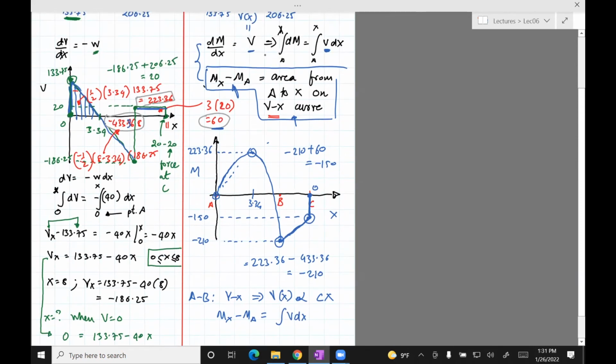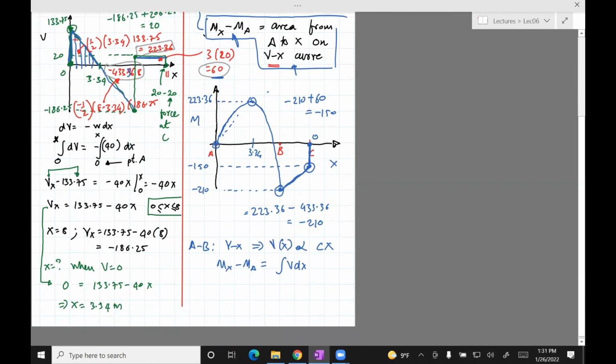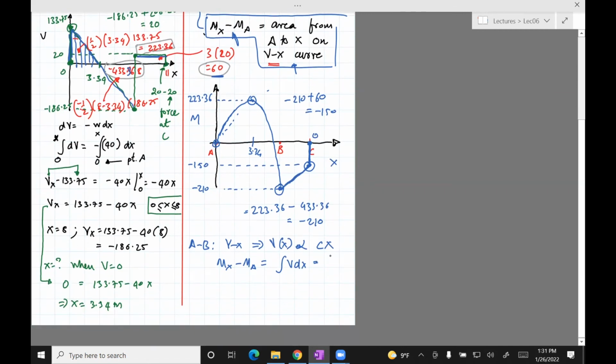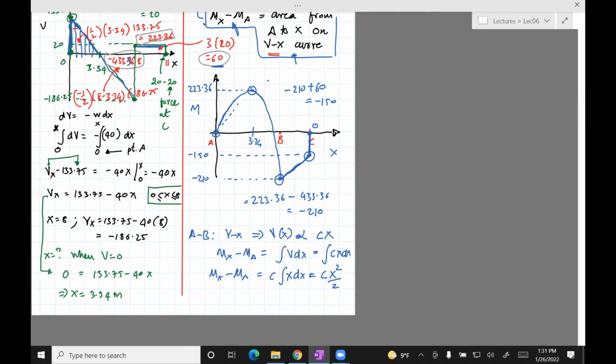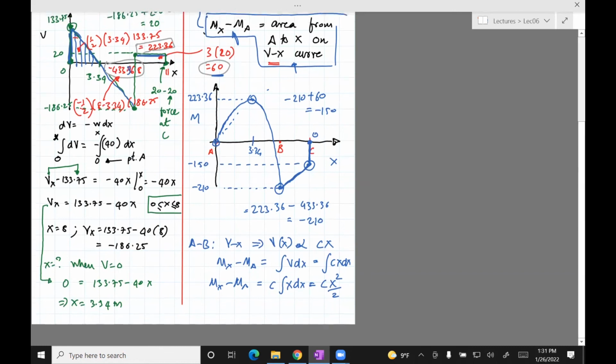I'm just rewriting this equation. But V dx is integral Cx dx. So C comes out, and so we have integral x dx, which is something like Cx squared divided by 2. And so we see that it's a quadratic equation. We are looking at the equation which we made from the VX diagram.